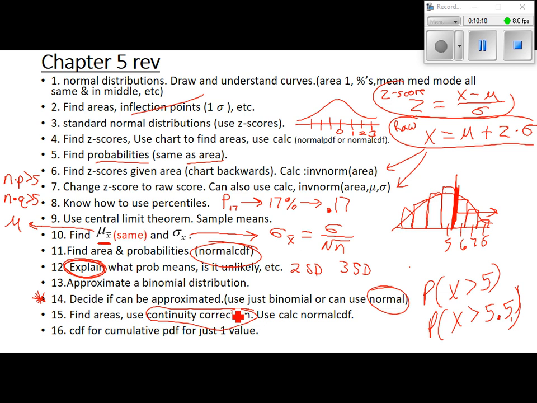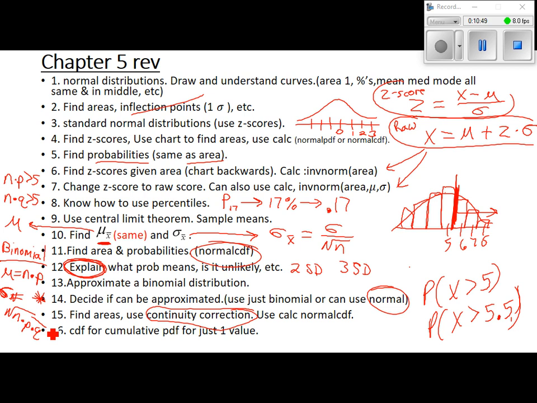And the two formulas, remember with a binomial, and I forget to do this all the time, with binomial, the mean is n times p, and the standard deviation is the square root of n times p times q. Sorry, that's sort of ugly.